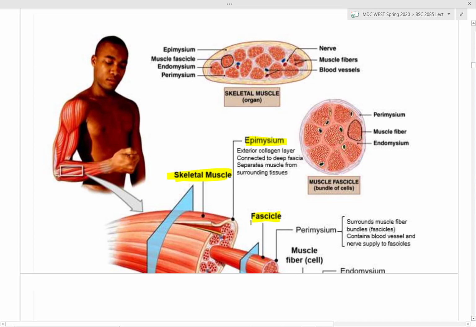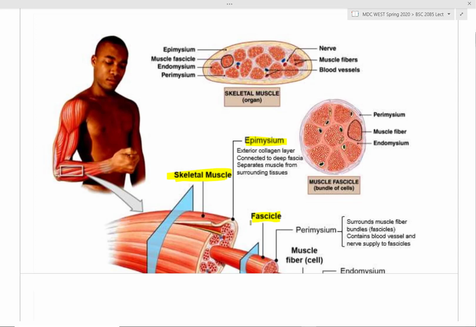Muscle fascicles. They don't put the word muscle because everything is muscle, right? You have a fascicle. So that means you have fascicles inside a big muscle. Okay? Have you ever seen sausages? So imagine putting a bunch of sausages inside a big bag and seeing all the way from the top.